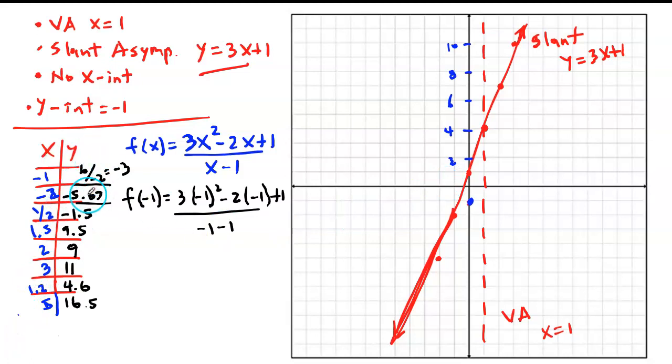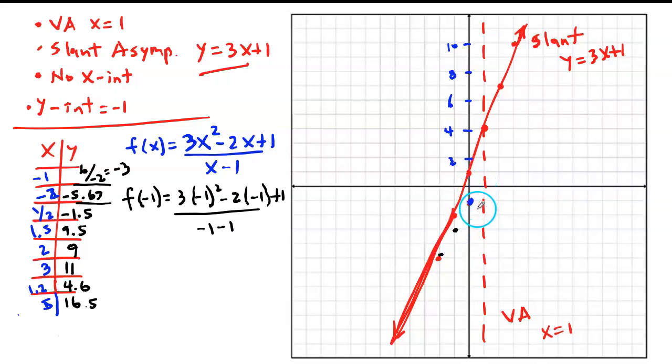Now it's a matter of just plotting values. -1 gives -3. 1/2 is -1.5.